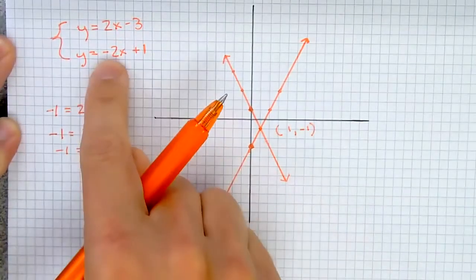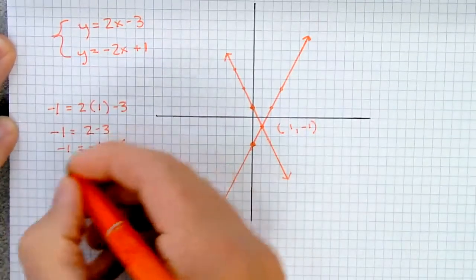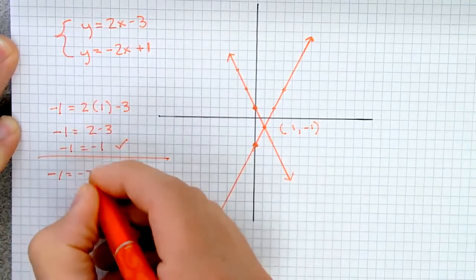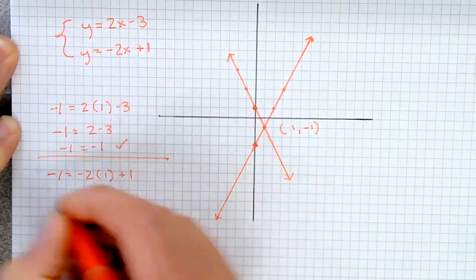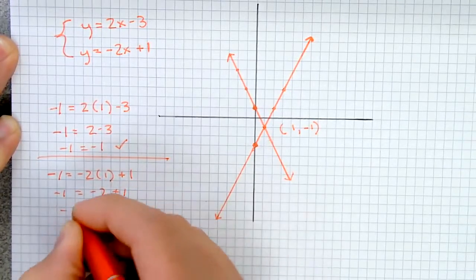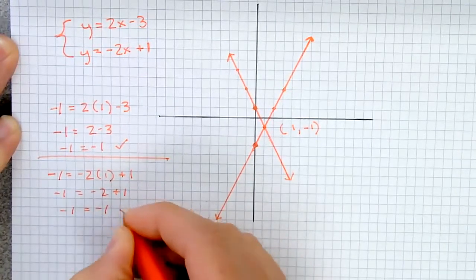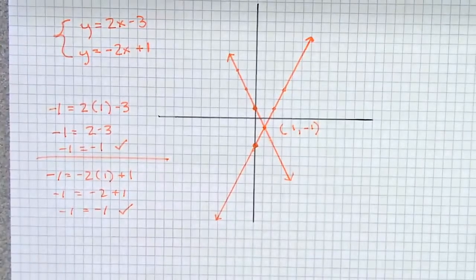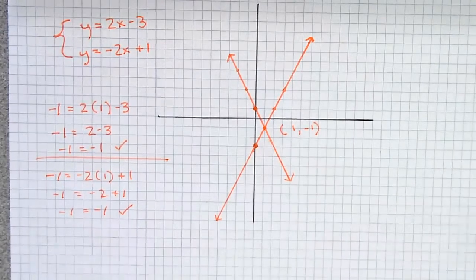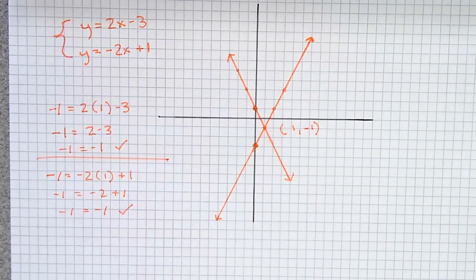Then I plug it into the second equation as well. Negative 1 equals negative 2 times 1 plus 1, negative 1 equals negative 2 plus 1, which gives me negative 1 equals negative 1, which again checks out. So I know I graphed them correctly and I found the correct point.